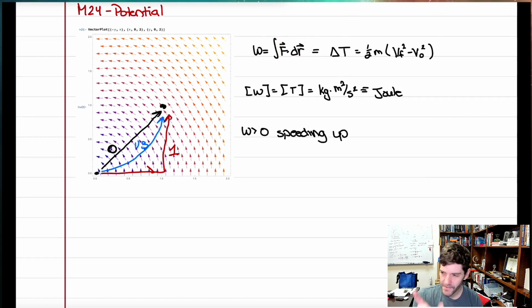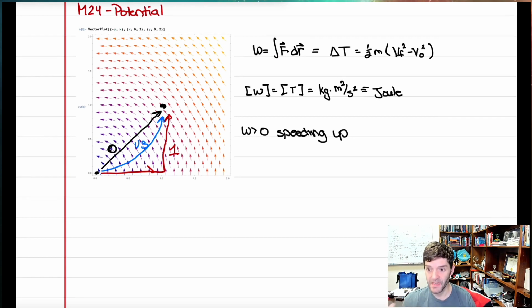Well, we can think, when was the dot product positive again? Well, the dot product is the product of magnitudes times the cosine of the angle, where cosine is 1 when they're parallel, 0 when they're perpendicular, and then negative when it's more than 90 degrees. So geometrically, when we're speeding up, that is when F dot dr is on average greater than 0.